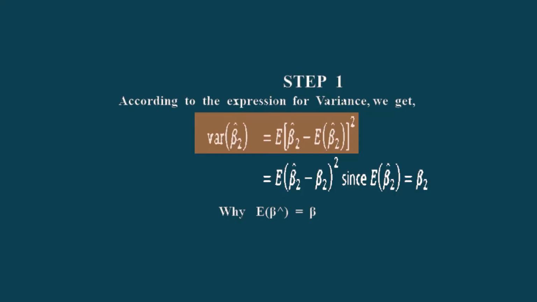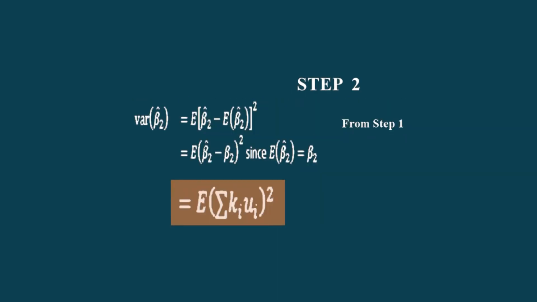So in this particular variance expression, we see that beta 2 hat is treated as a random variable x, and on the basis of the variance of x, we have expectation of beta 2 hat minus expectation of beta 2 hat whole square, and this gives rise to beta 2 hat minus beta 2, which boils down to summation of ki ui whole square, which was already derived in the last expression when we did the proof of unbiasedness.